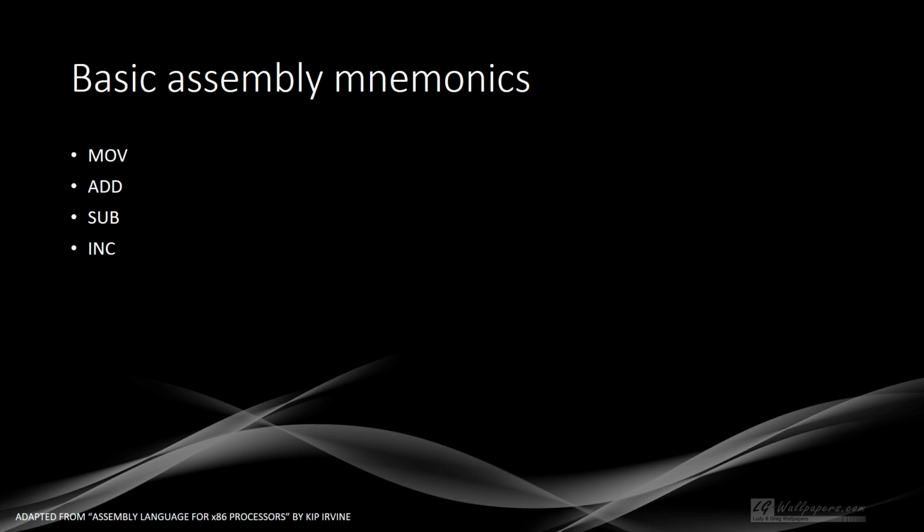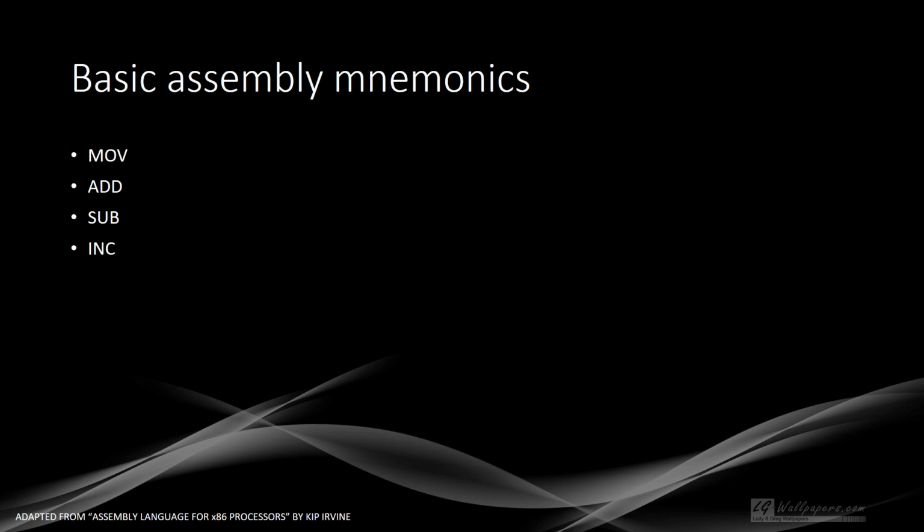So when we are thinking in terms of low level, we are thinking about moving data from one place to another, and so on. In assembly language, the mov instruction is used to move things from one place to another. Now those things might be in memory, those things might be in registers.